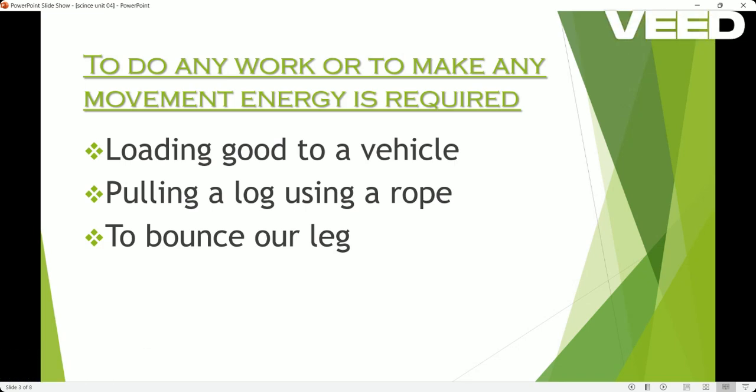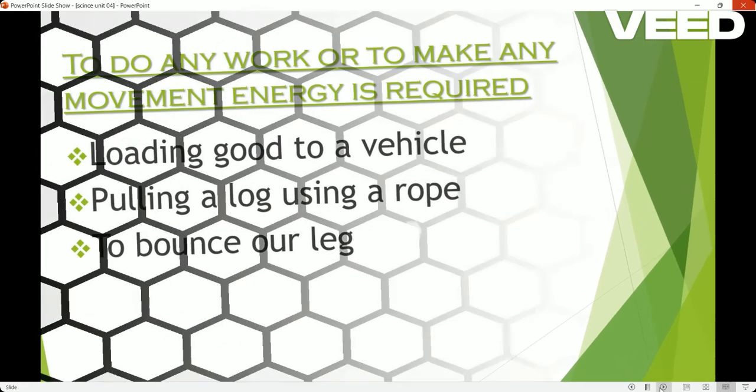What are the works that need energy: loading goods to a vehicle, pulling a log using a rope, carrying a heavy load using a wheelbarrow, stretching our arms, like that.